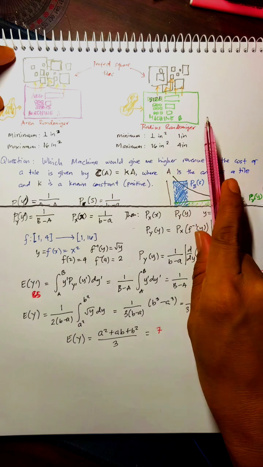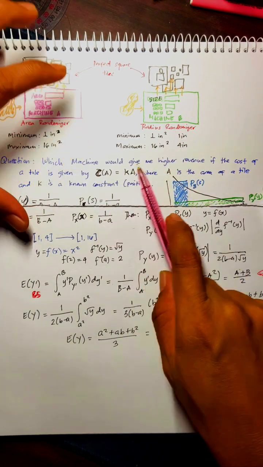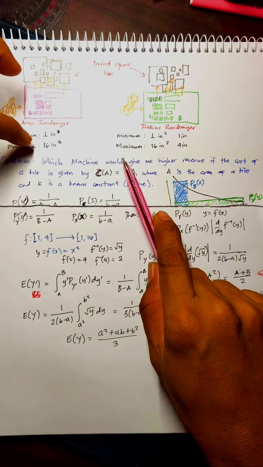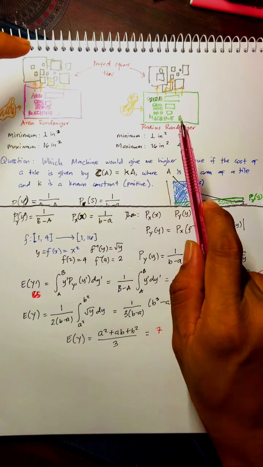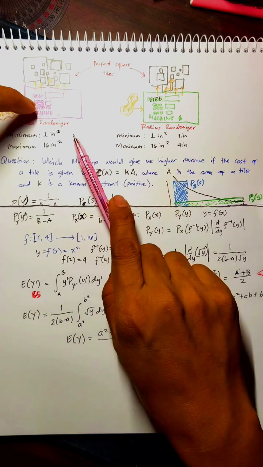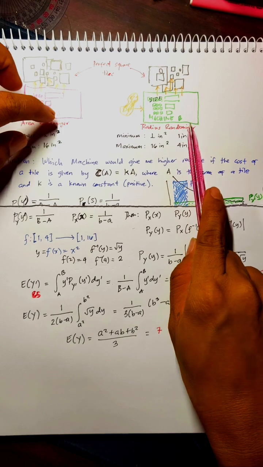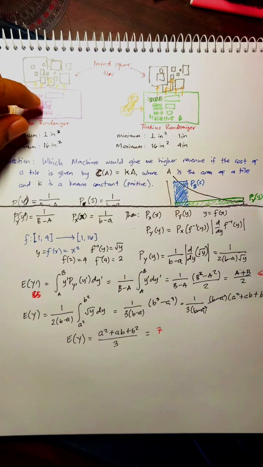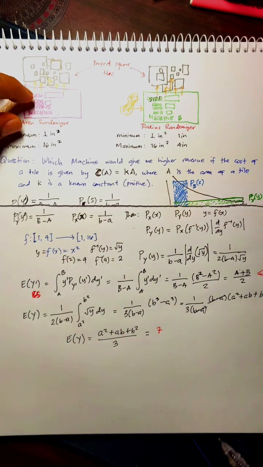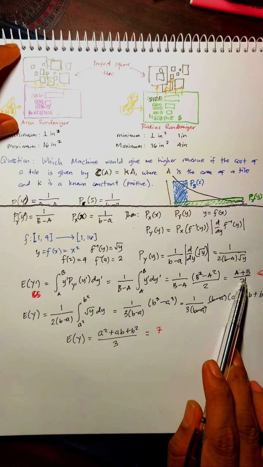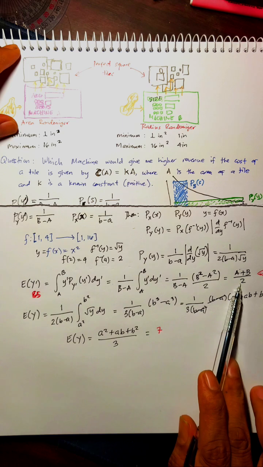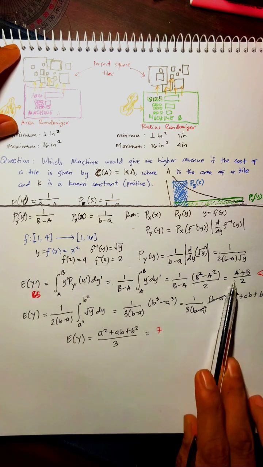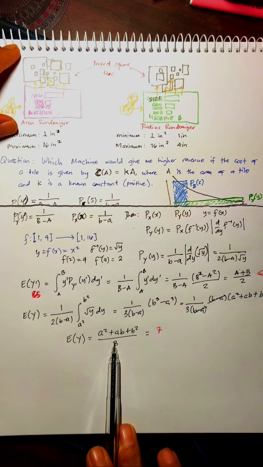Because maybe for some combination of capital A, capital B and small a, small b, machine B will give us a greater revenue. So what we are going to do is compare this to this. The question now is: is (A plus B) over 2 always greater than this?